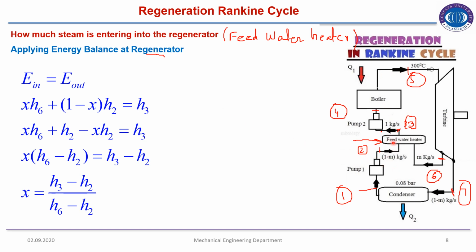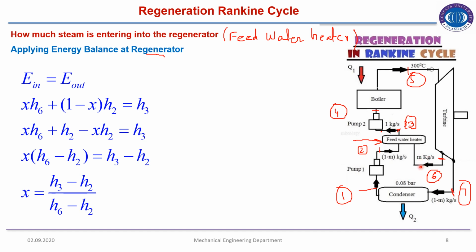So now we apply the energy balance equation on the feed water heater. So the energy equation is x H6, where x is the mass, and here in the schematic it is written as m.